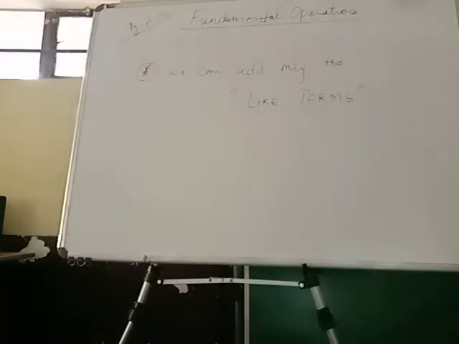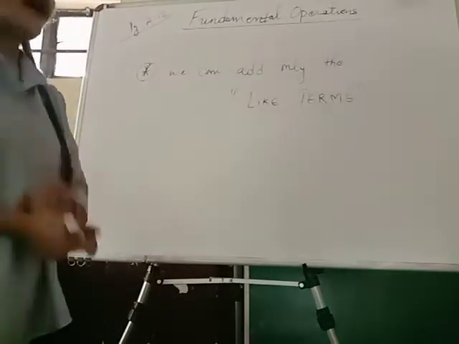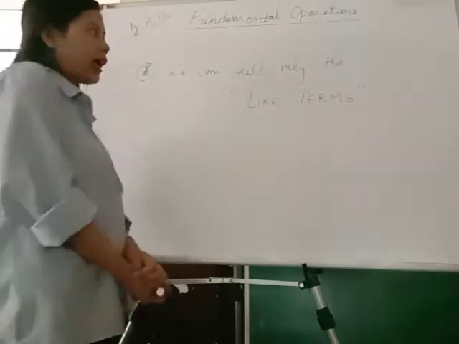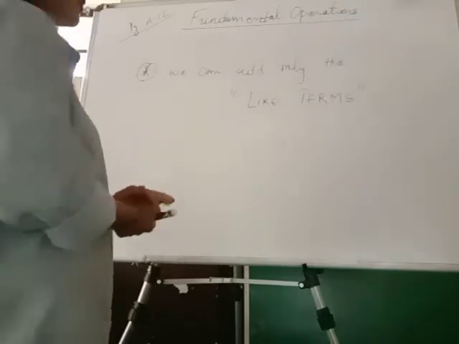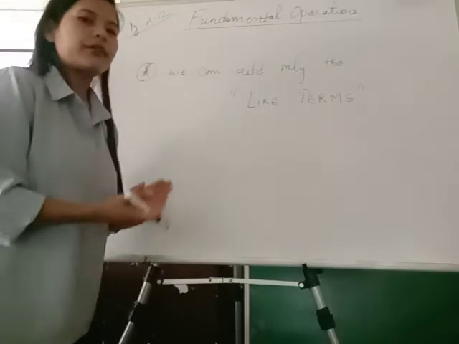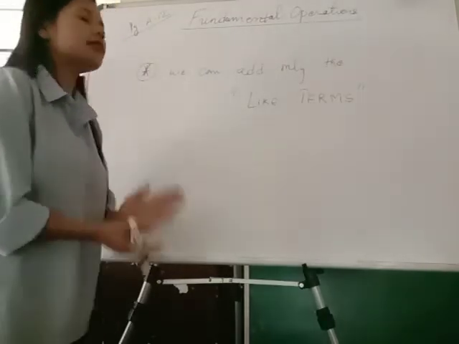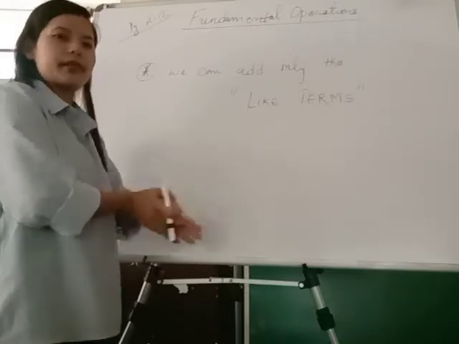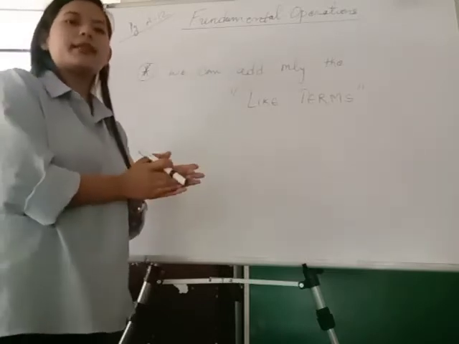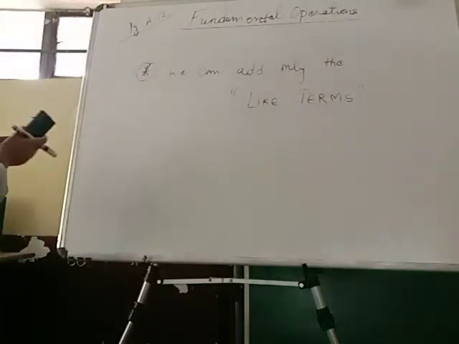So only like terms can be added. So that means we can never add unlike terms. Okay. And another important thing to remember here is that whenever we are performing addition of algebraic expression, we just deal with the numerical coefficients. Okay, the variable remains untouched. Okay, so these are the points you need to remember.